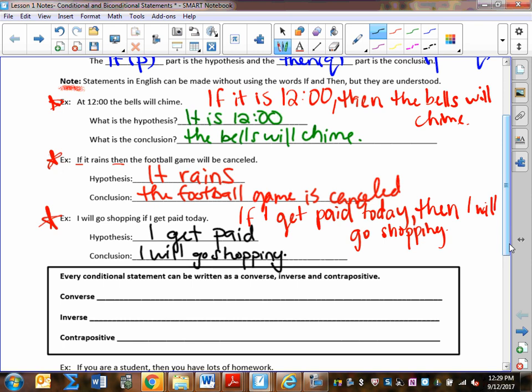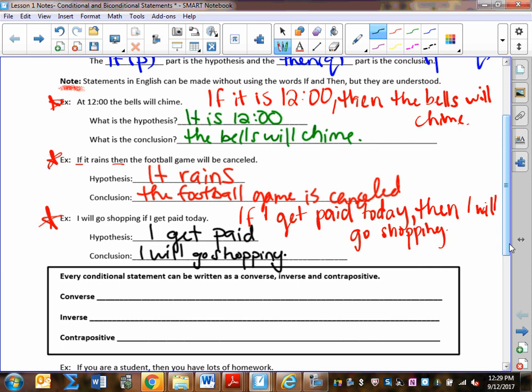Good. Questions about this? So for all of them, you said the bells will chime, but the football game is canceled if it rains. You'll notice that as we talk about the converse versus contrapositive, you might need to change the tense to make it grammatically sound.